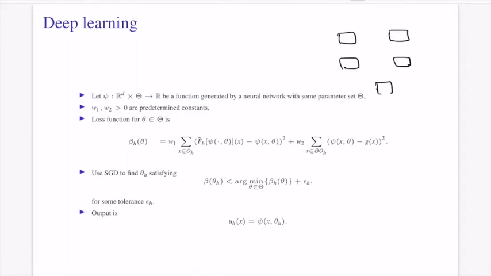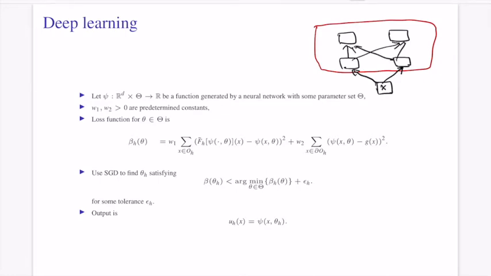You have one number as input, which is fed into the first layer, and then the second layer, and then gives the output.